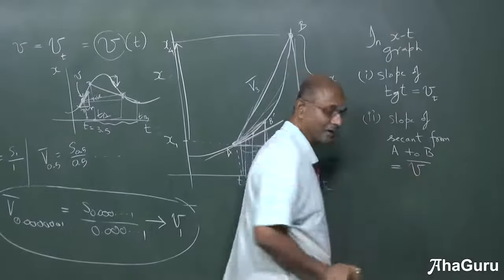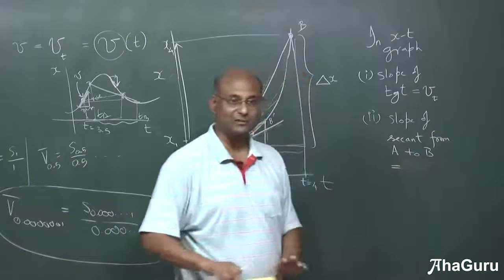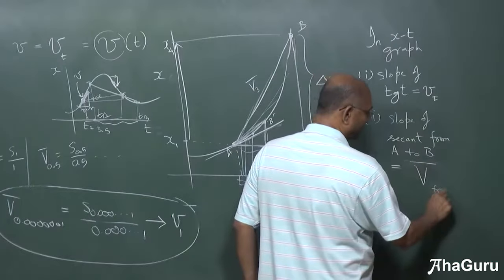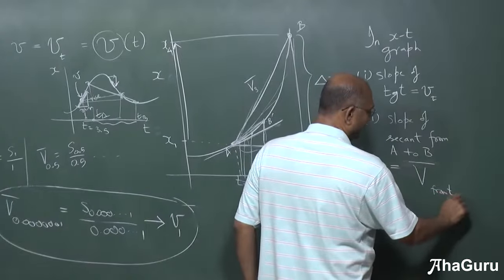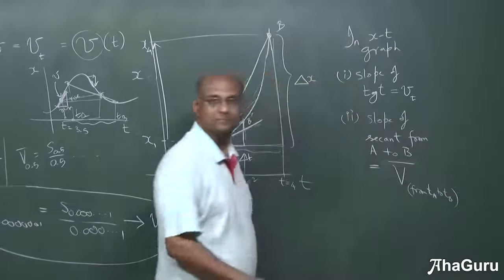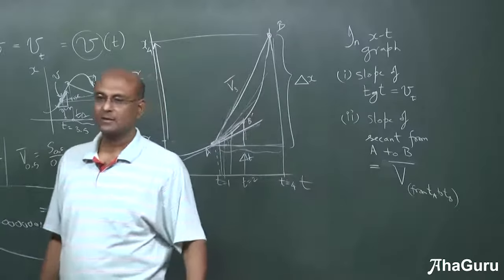Average velocity. So I will use capital V and put a bar on top just to say it is average velocity, from TA to TB. For this period, the average velocity. Does that make sense? Okay.